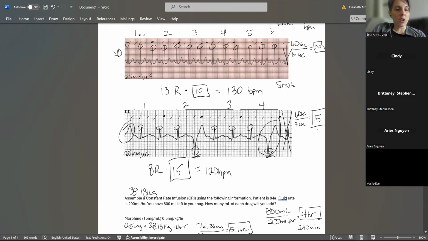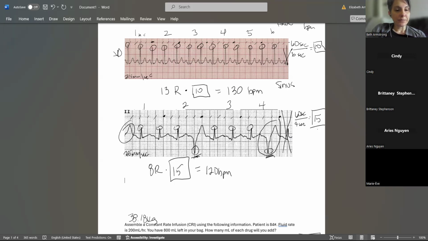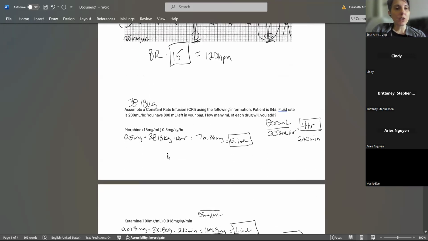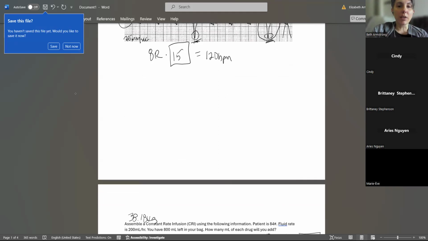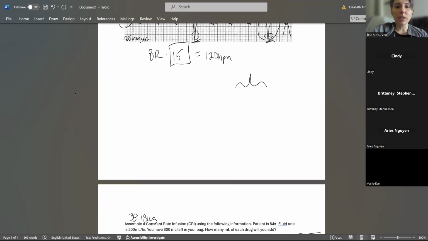When we're also talking about rhythm, people get really like, oh my gosh, there are so many different rhythms we can have, right? So we talked about our actual ECG.